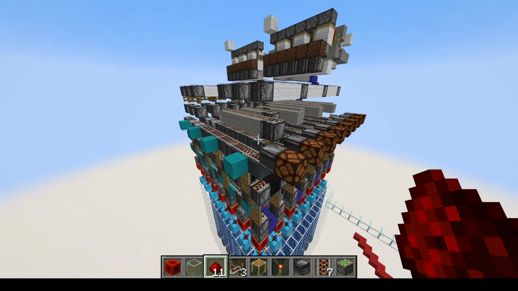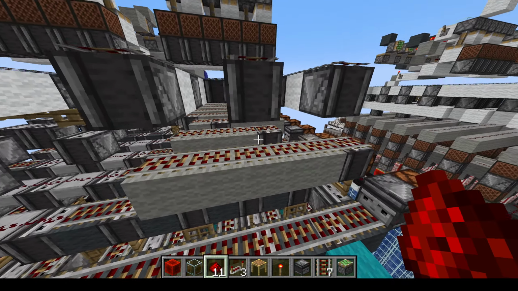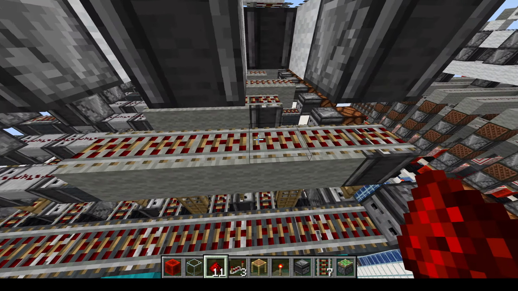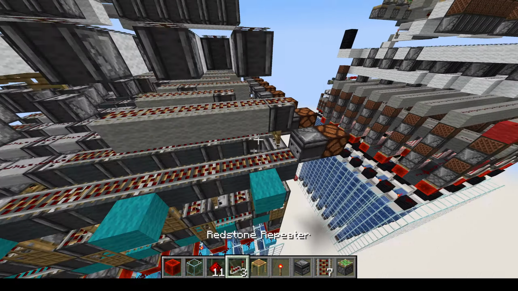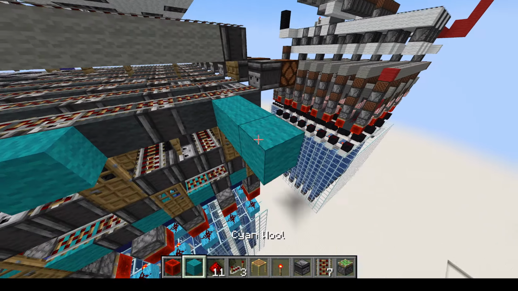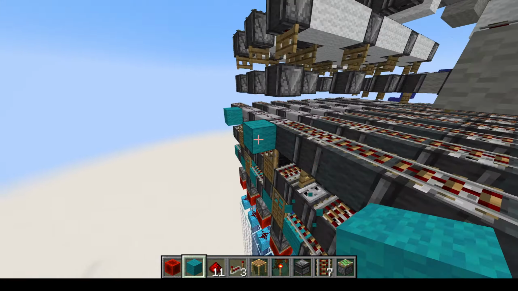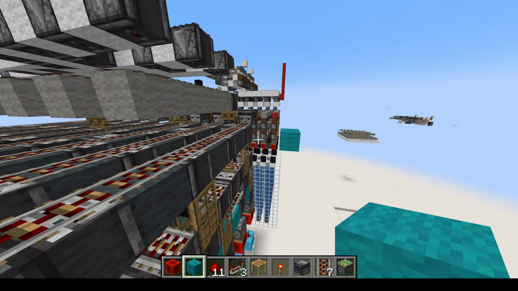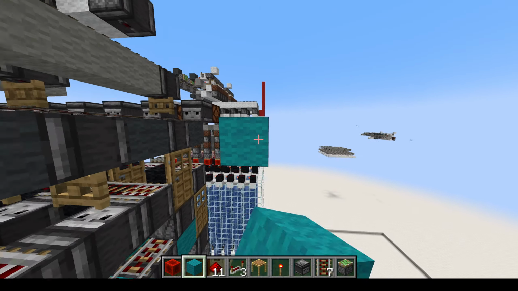So we've shortened all the pathways to the minimum, and everywhere we can, we've replaced it with these rails. It's a little bit difficult because actually these are not necessary. I don't know why these are still here. Redstone can go 16 blocks.